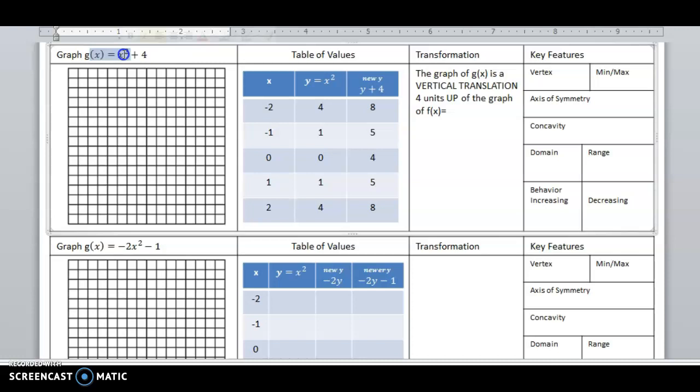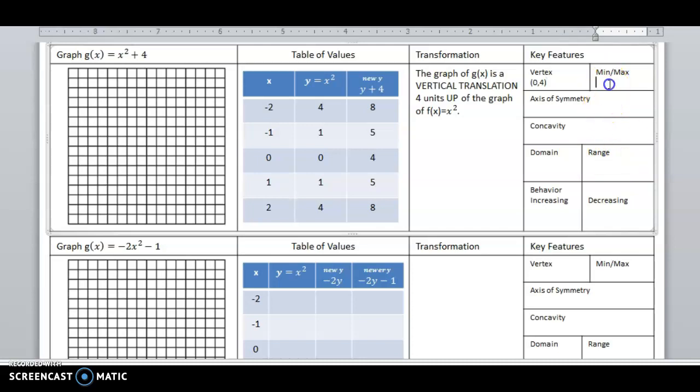So let me copy this x squared down over here. There you go. Right. Now let's look at the vertex. So even without seeing the actual graph, we can get this information from the table of values. So the vertex is at 0, 4.